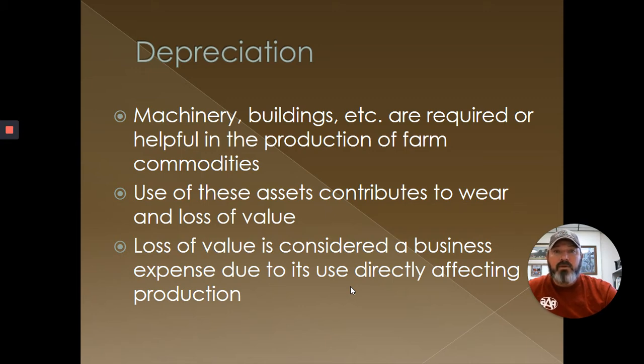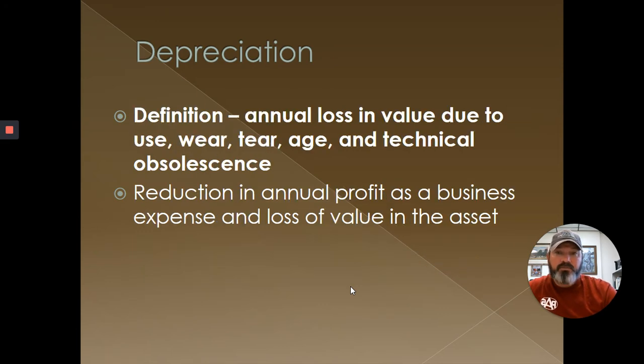And as you all would know, as you went to sell it, the utilization of that for farm purpose or agribusiness purpose or business purpose of any kind is what we call depreciation. That's actually counted as a business expense due to its use directly affecting the production, whether it's meat, milk, or eggs. So you can subtract that or count that as a business expense each and every year.